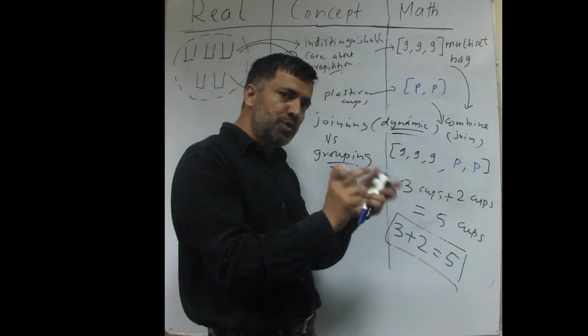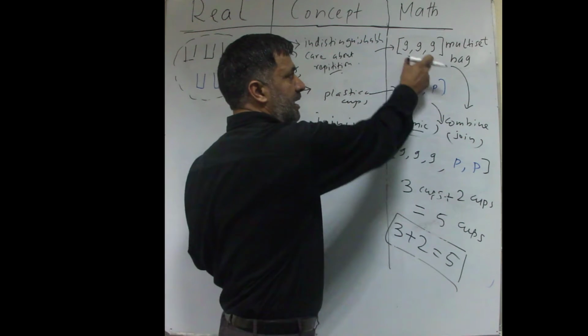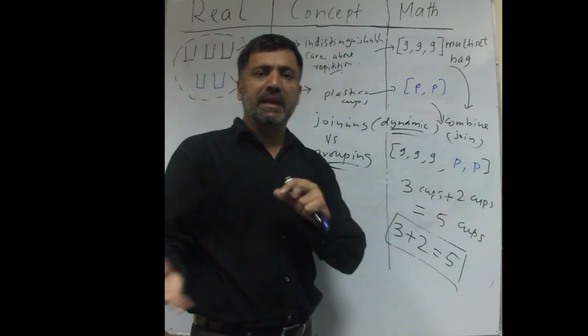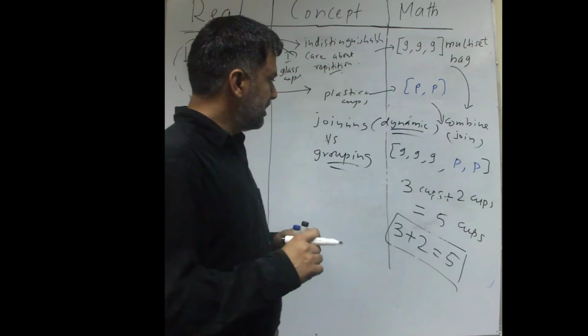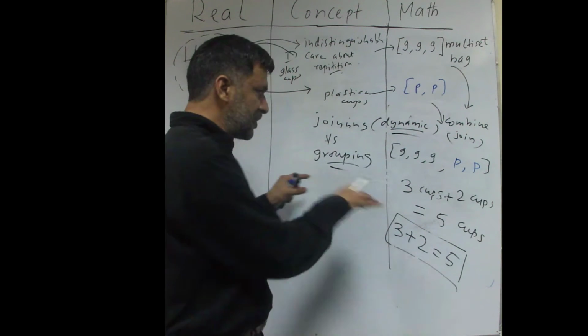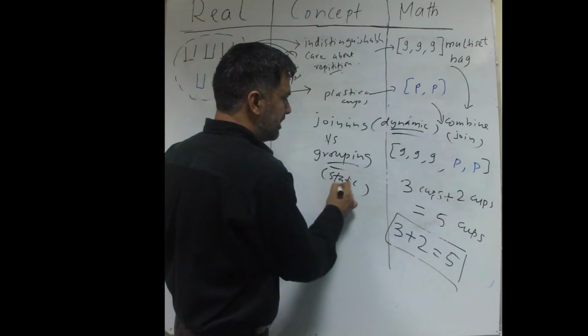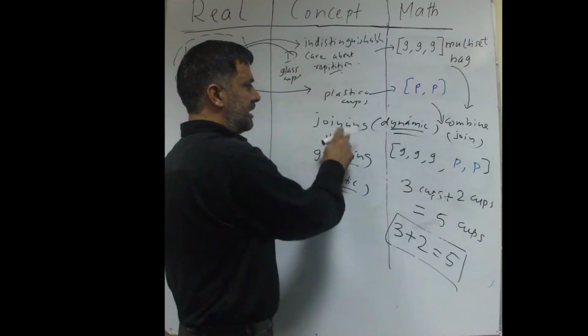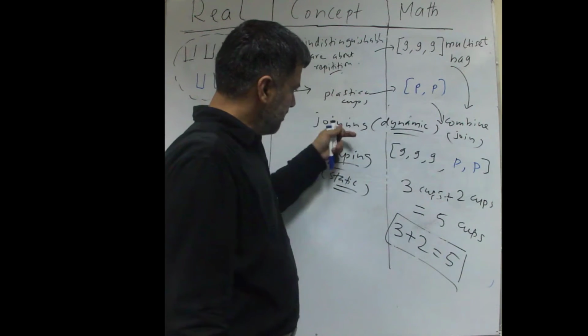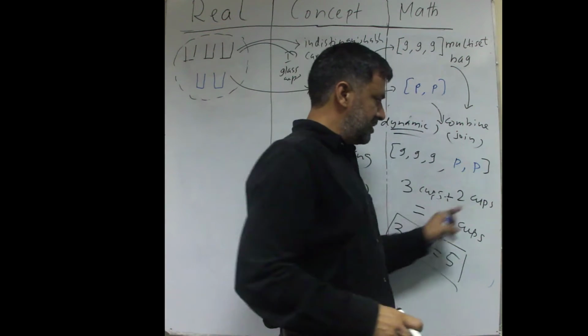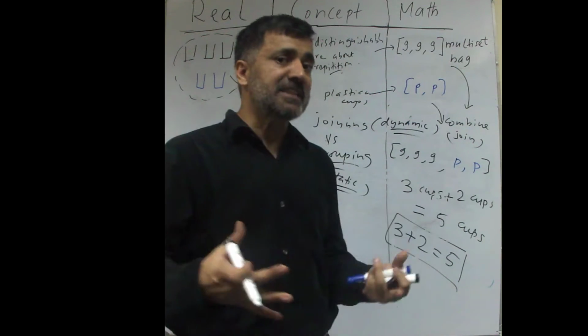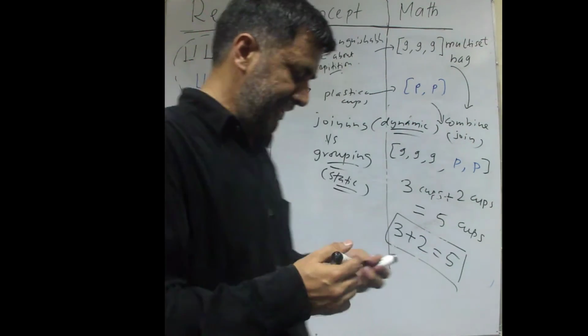You identify two types, like glass and plastic, or male and female, young and older. Nobody is joining it, you are just grouping it. So this is static grouping, and this is dynamic joining. Both of them translate to the arithmetic operation we call addition.